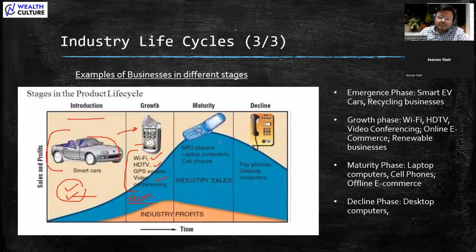And then you have some industries which are quite mature. So you still have laptops, cell phones, MP3 players. These are mature. There's not much innovation happening here. And the players are also more or less the same. There are no new players coming into this business right now.